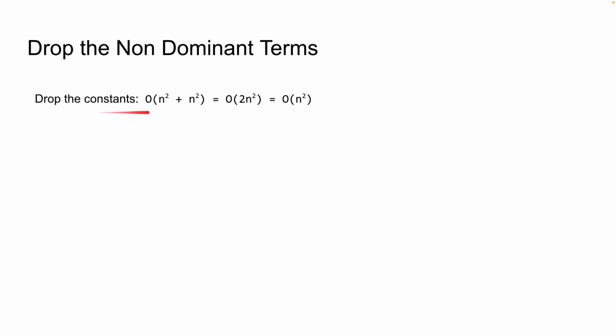We know from drop the constants that when we have n squared plus n squared, that simplifies to 2n squared, we drop the constant and it becomes O of n squared. So if we have n squared plus n, well, that's smaller than n squared plus n squared. And we can simplify that to O of n squared because we only keep the biggest variable, which is n squared.